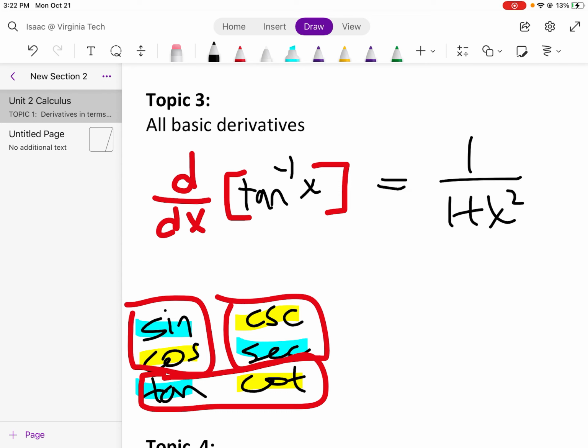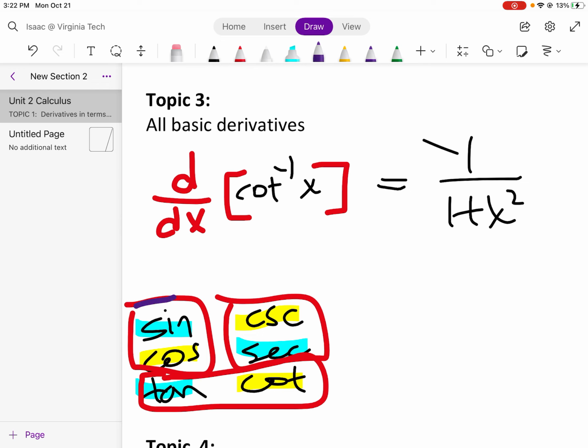These are the only ones where there's a plus: tangent, arctangent, and arccotangent. So the derivative of arctangent equals 1 over 1 plus x squared. And then the derivative of arccotangent is the same but negative, because once again, the C's are negative. So that's just a way to remember it.